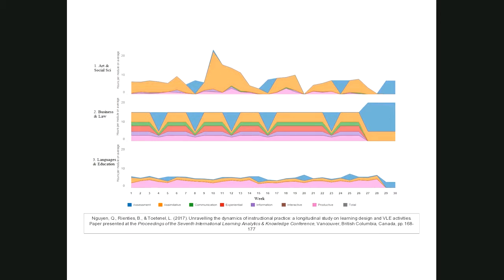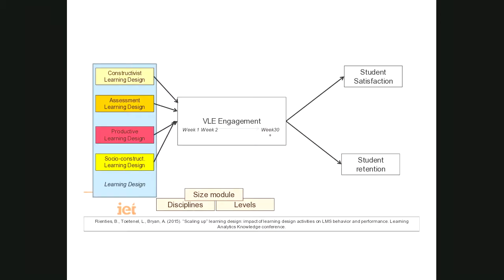So what we are doing as a team is to look at the kind of designs that our teachers are designing. So on the left-hand side of the column, whether it's more so-called constructivist learning design, so kind of traditional online courses, or whether it is more focused on assessment in the wider sense of the word, so more formative and more summative activities, or whether it's perhaps more productive activity, so just doing stuff, or finally whether it's more kind of a social constructivist learning design where we work together.